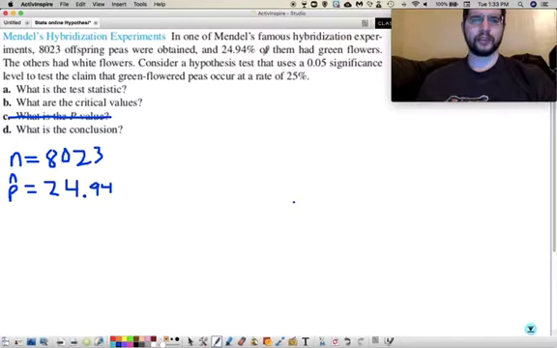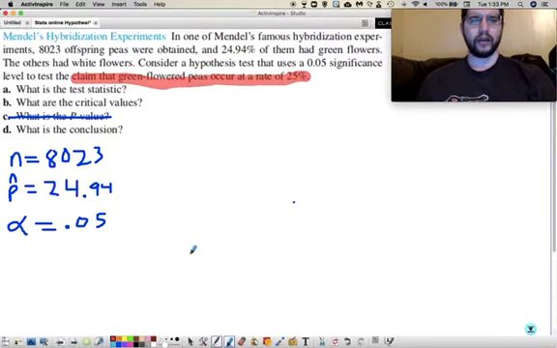Consider the hypothesis test uses 0.05 significance. That's alpha. To test the claim. Okay, there's my claim, that green flower peas occur at a rate of 25%. So let's look at it. The claim is that they do occur at exactly 25%. That's an equal to. So let me write down my hypotheses.